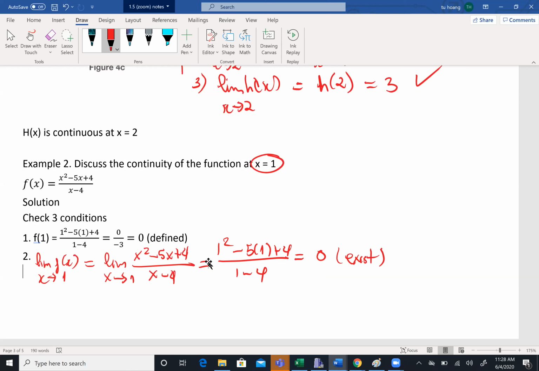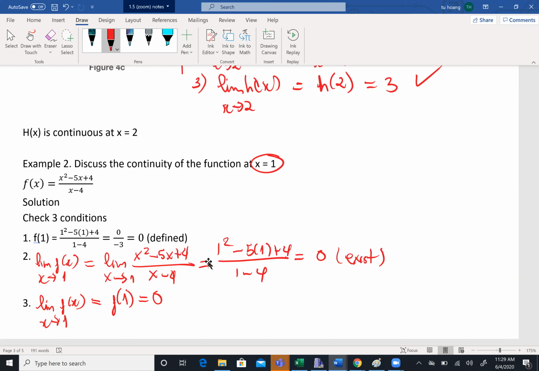And lastly, condition number 3, I'm gonna say the limit of f(x) when x goes to 1 is equal to f of 1, and yes, it equals each other and equals 0.